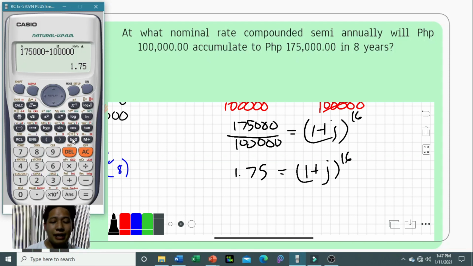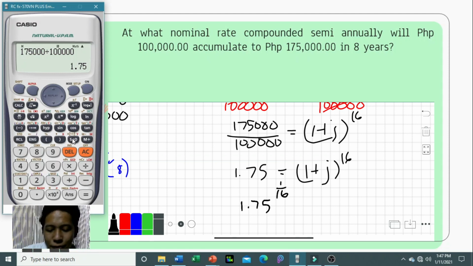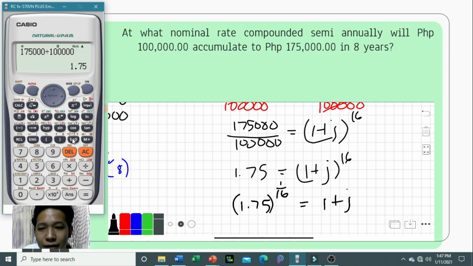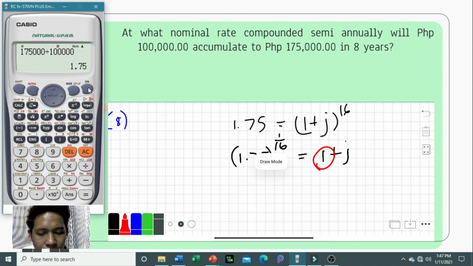So, paano natin matatanggal si 16 dito sa kabilang side ng equation? So, we can just what? Pwede natin siyang ilagay sa kabila given that magiging fractional na po yung exponent. So, that is 1.75 raised to 1 over 16. Or pwedeng the 16th root of 1.75 para maging 1 plus J na lang yung nasa kabila. Okay po? And in this case, we can now have the value of J by transposing 1 to the other side of the equation.